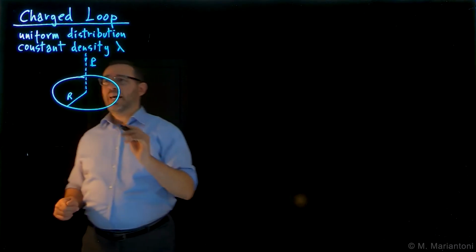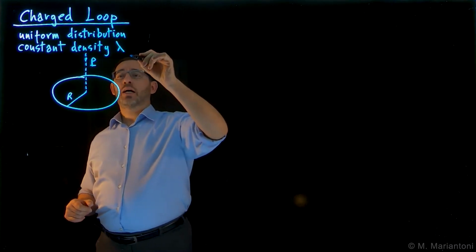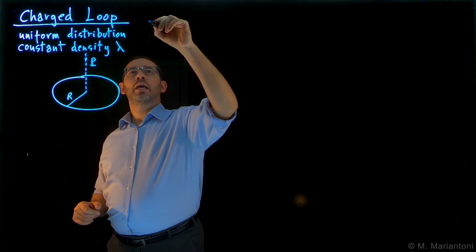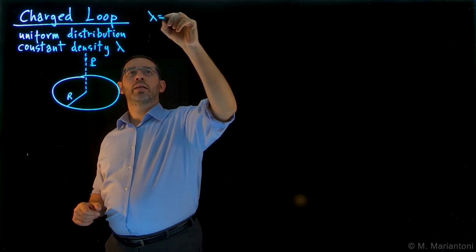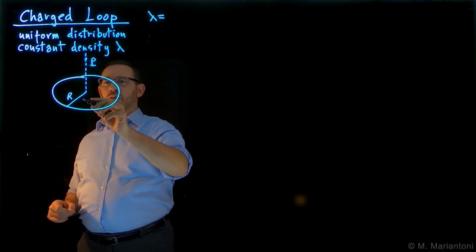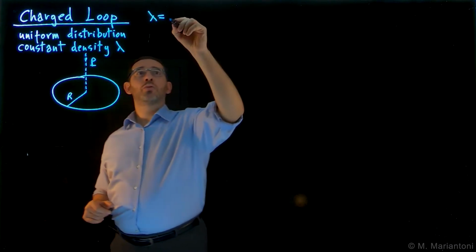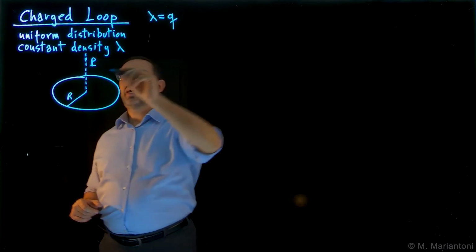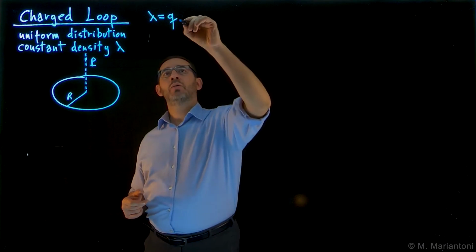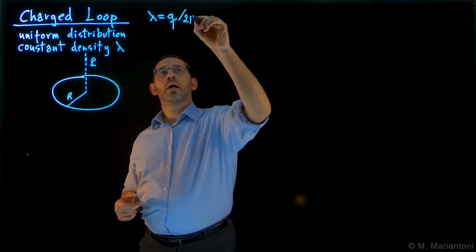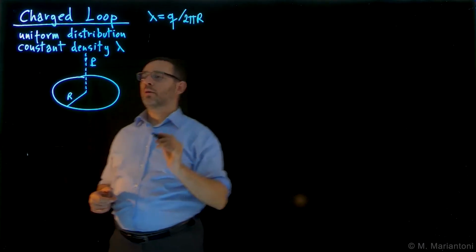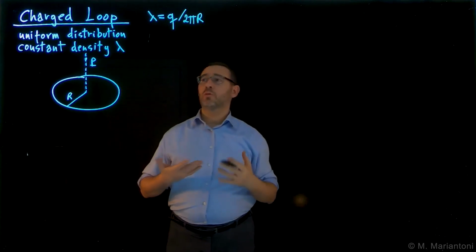Note that if lambda is uniform, we can rewrite it very simply as the overall charge Q contained in this circle, divided by 2 pi capital R, which is the length of the circle, because it's a uniform distribution.